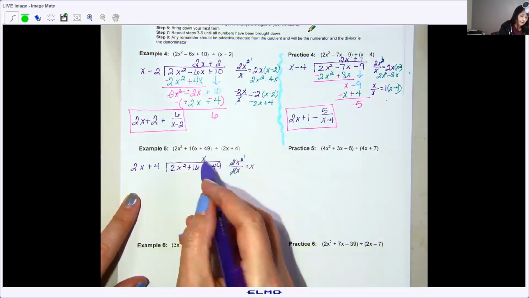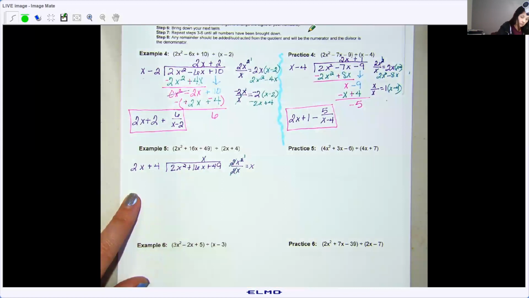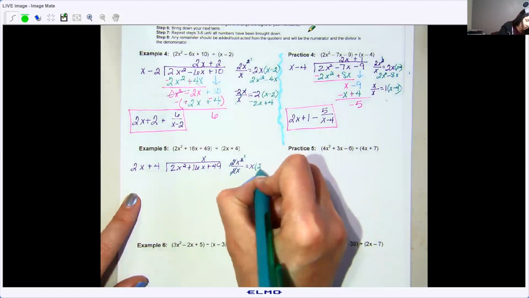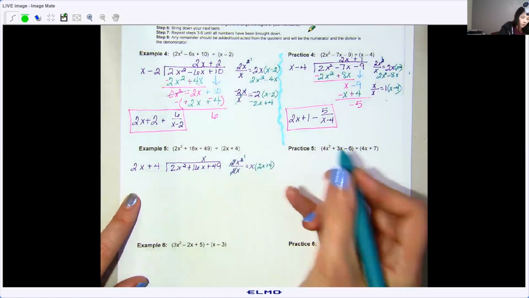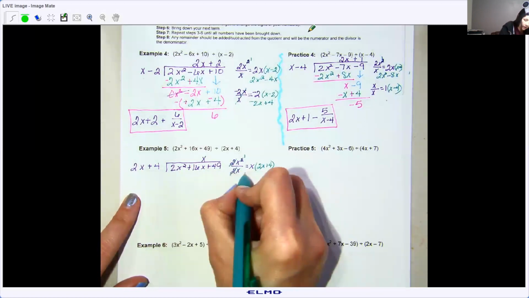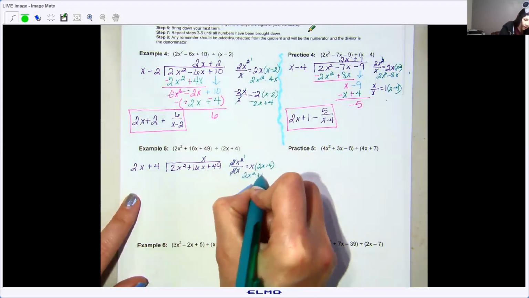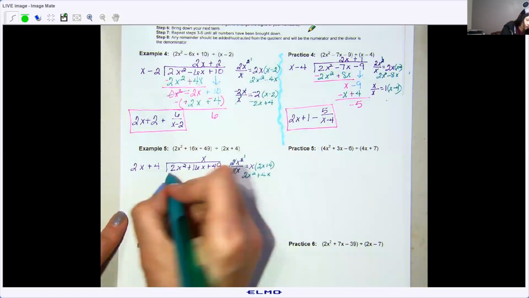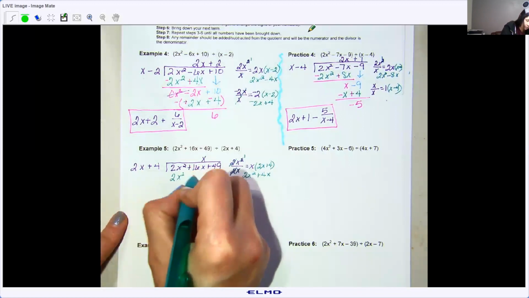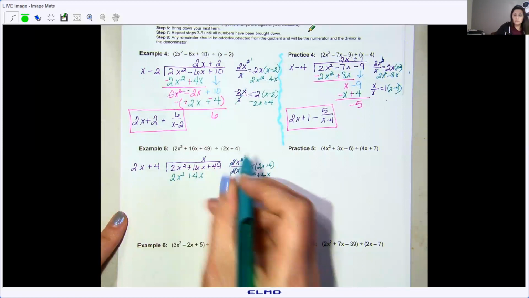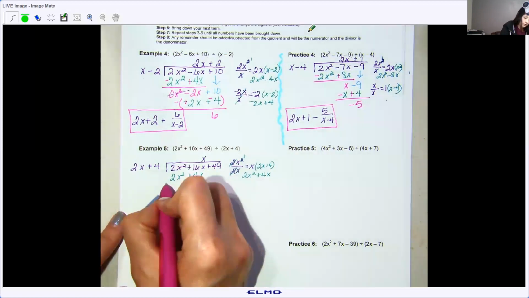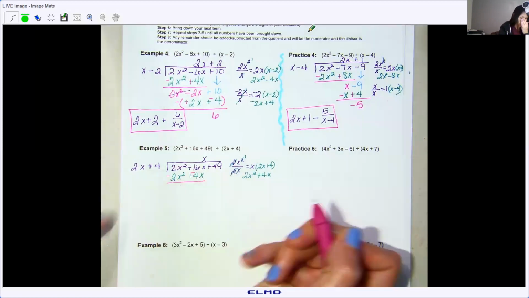Now we're going to multiply x times 2x plus 4. And we get 2x squared plus 4x. Now we're going to subtract, and I change my signs.